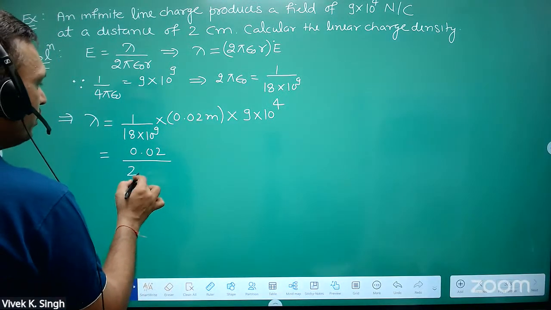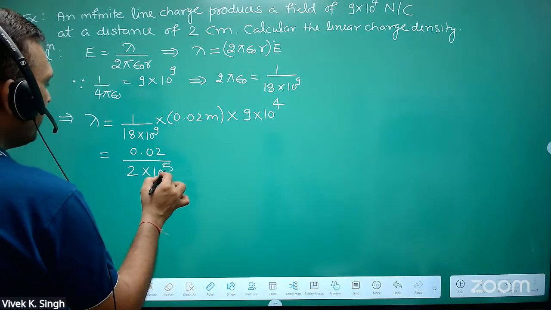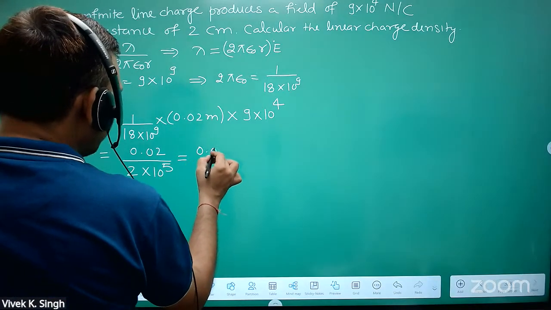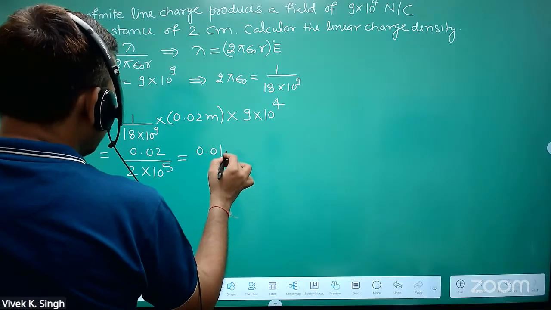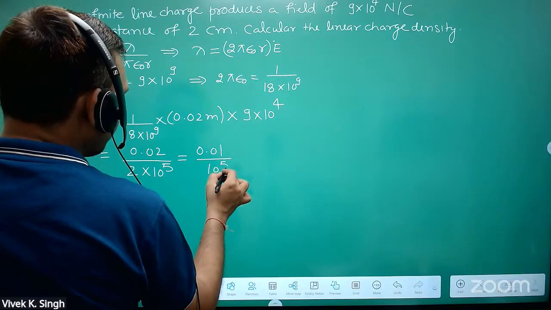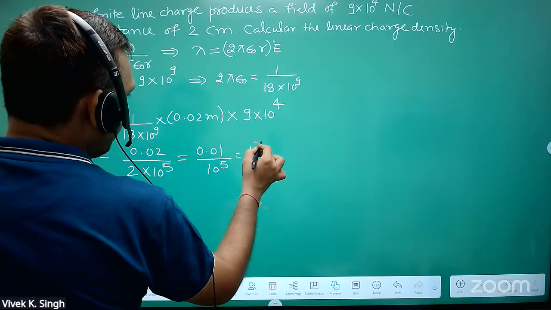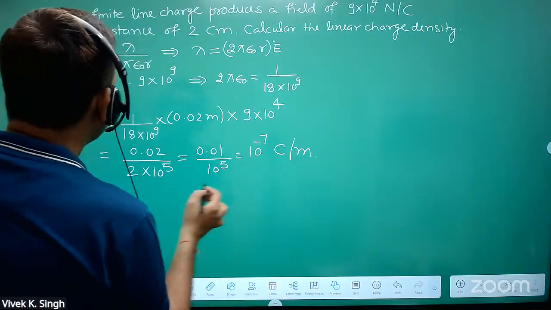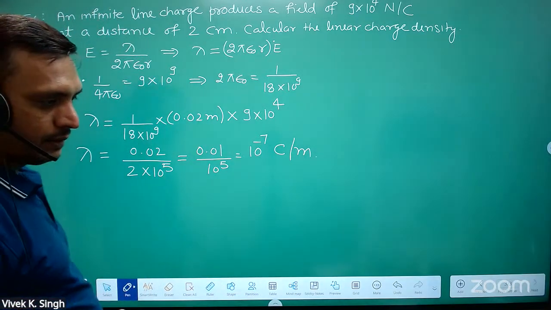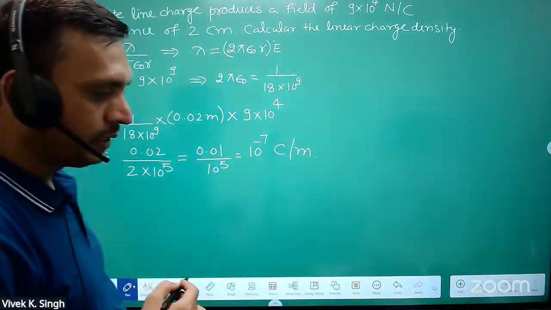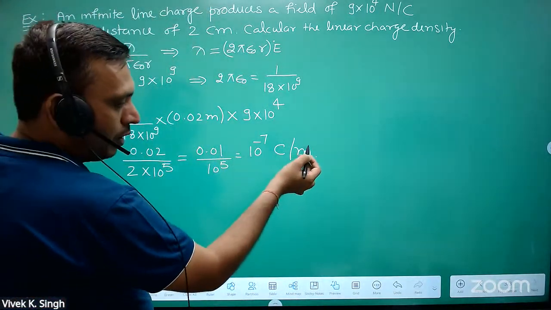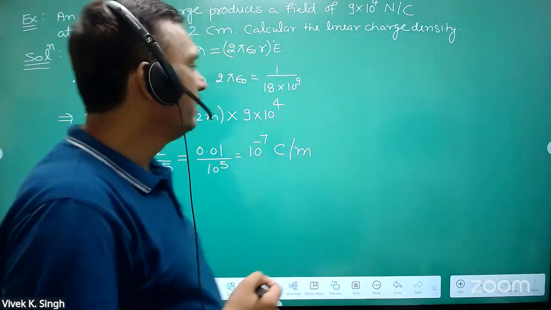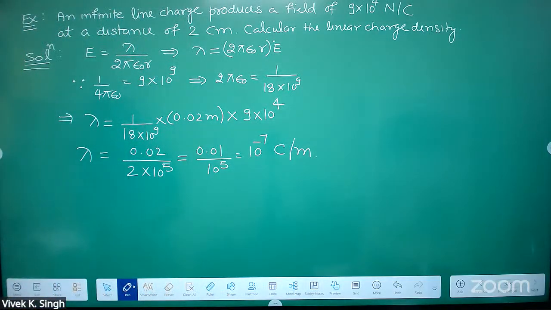This will be 2 into 10 to power 5. So this value is 0.01 by 10 to power 5, or this will be 10 to power minus 7 coulomb per meter. So line charge or linear charge will be 10 to power minus 7 coulomb per meter. So if you remember the result, only then you can find the value. Clear?